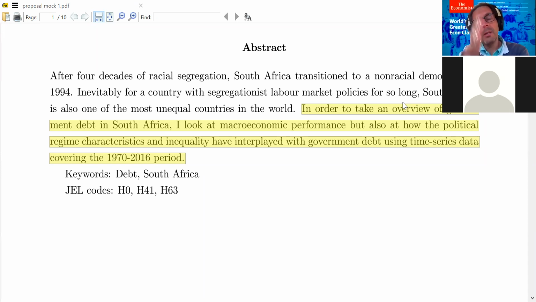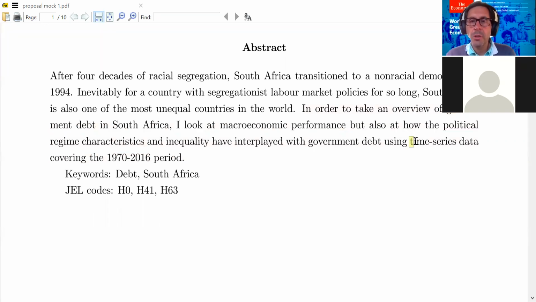And then the break in 1994, and then there is the start of this non-racial democracy in 1994. Okay, and how those 2 regimes affected somehow the behavior of government debt in South Africa. And for that, I'm going to use macroeconomic data, which is essentially time series data covering the 1970-2016 period.